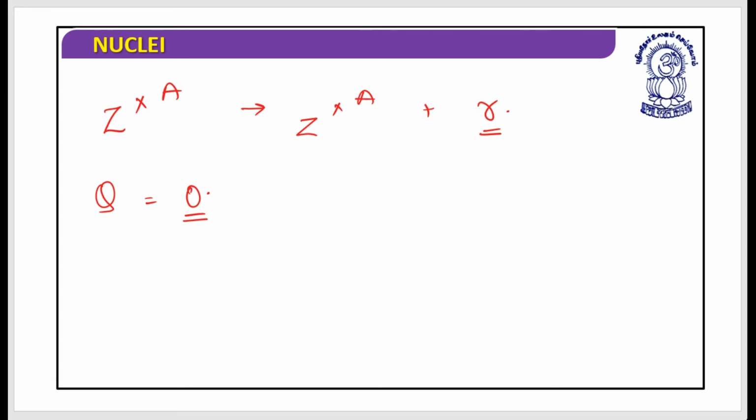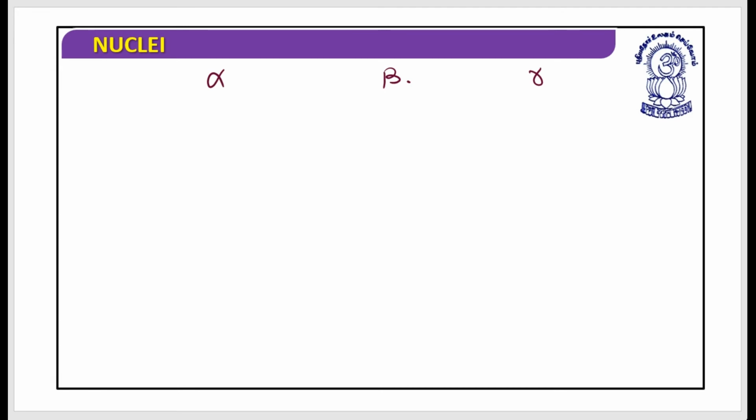Great. So now we understood what alpha, beta and gamma emission is. Now let's discuss certain details about alpha, beta and gamma particles. This is alpha, this is beta, this is the gamma ray. First, let us discuss their penetrating power.